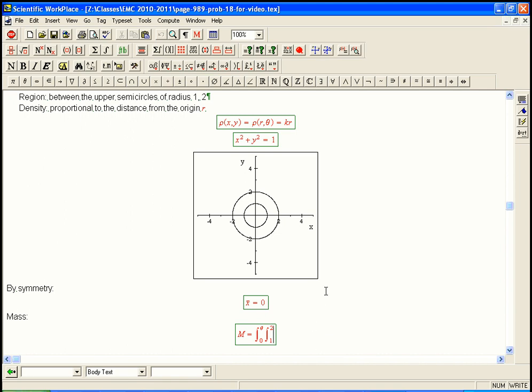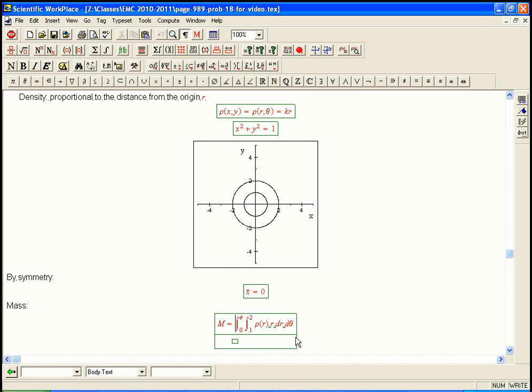Okay, so then that's just going to be rho of r, r dr d theta. And remember, the r is because this is dA. And this should have been a pi. I'm sorry, I said pi and I wrote down theta.